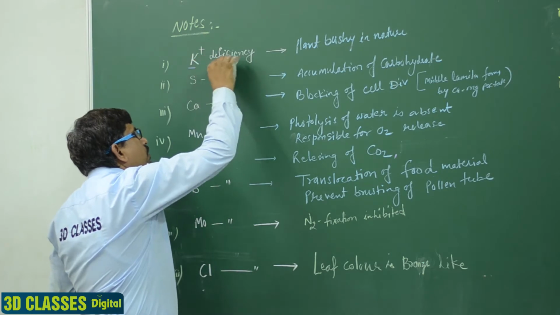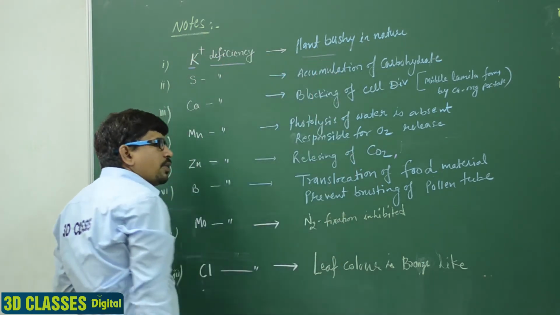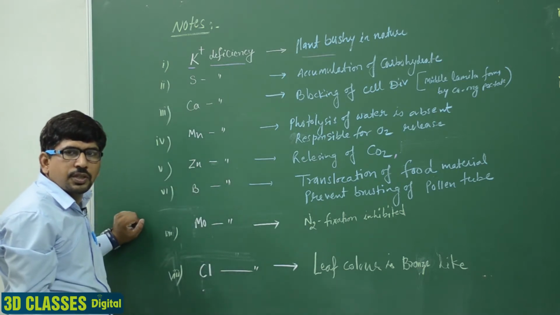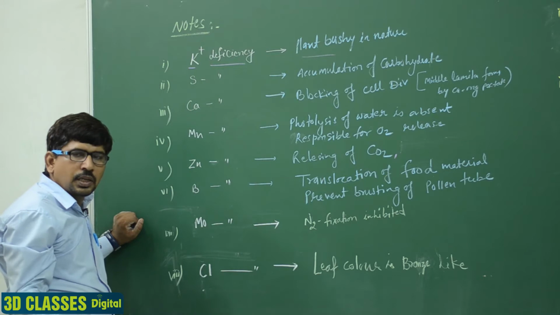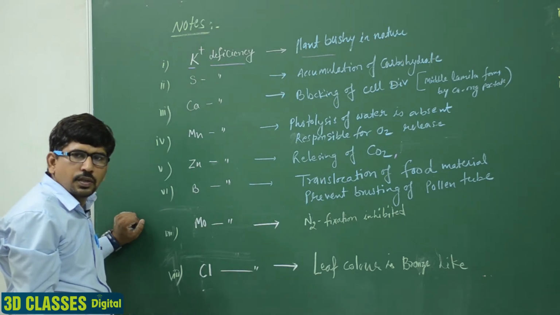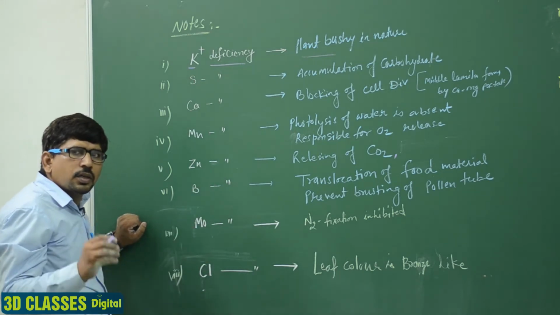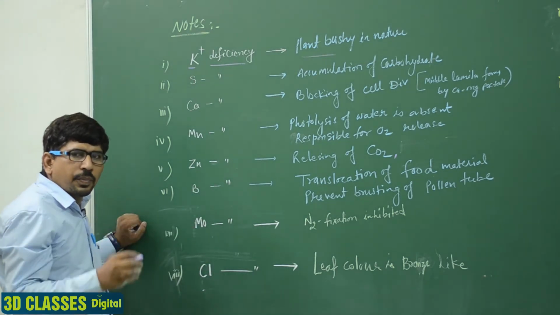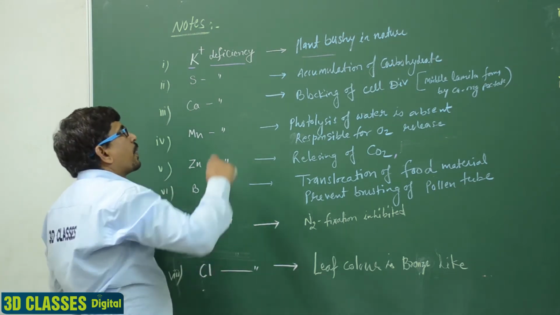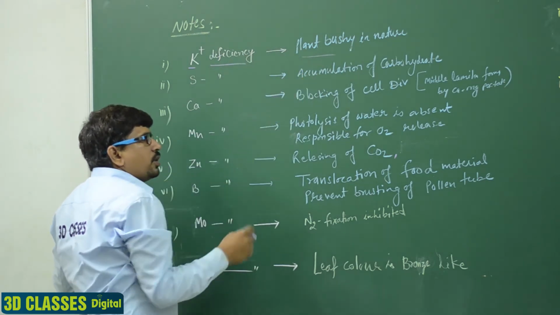In potassium deficiency the plant is bushy in nature. The morphological symptom is that when the plant is bushy in nature, it is generally caused by potassium deficiency. Clear? This is a general feature of the plant due to the deficiency of a particular element. So, due to K deficiency, the plant is bushy in nature, झाड़ीनुमा होता है.